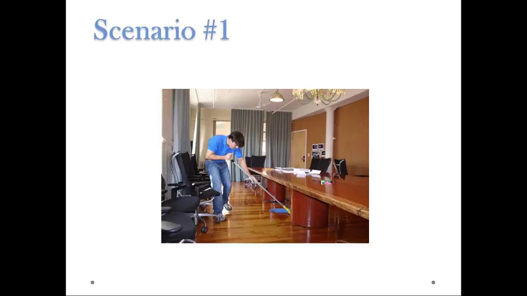So let's say we have the one-year contract. It began on January 1, and we're now in March. Things are looking pretty good. But then one night, because of some scheduling issues and some illness of some of the employees, not all of the offices in this office building were cleaned. And it wasn't terrible. It's just that some of the trash cans weren't emptied. They didn't vacuum all the carpets.